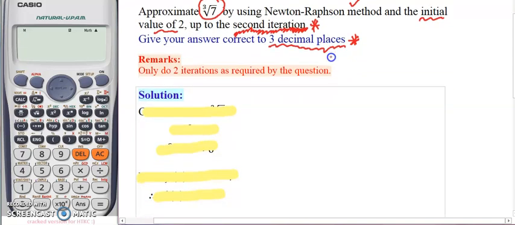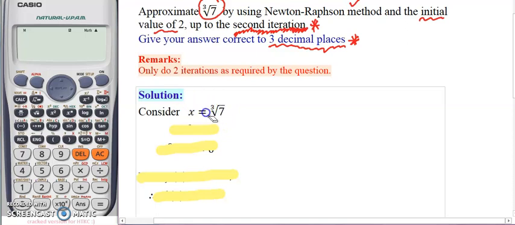So first of all, let us make an assumption where we consider x is equal to the cube root of 7, where later the x that we're going to solve from the Raphson method will correspond to the cube root of 7 that we want to find the approximate value of.